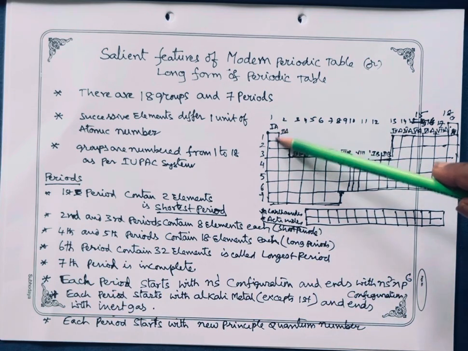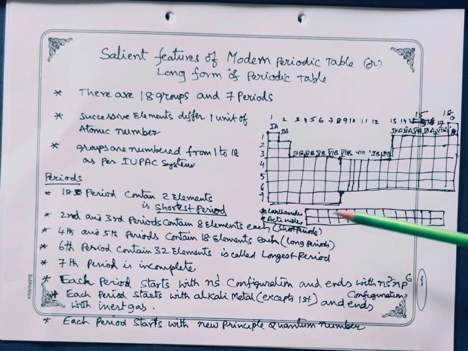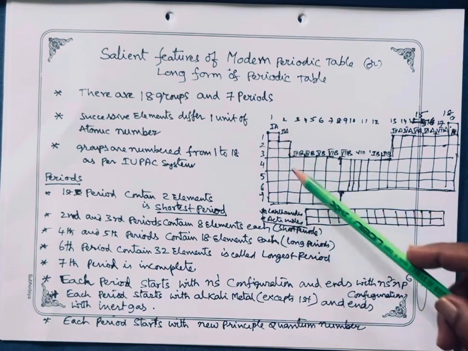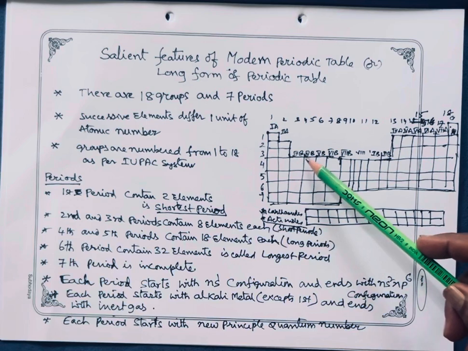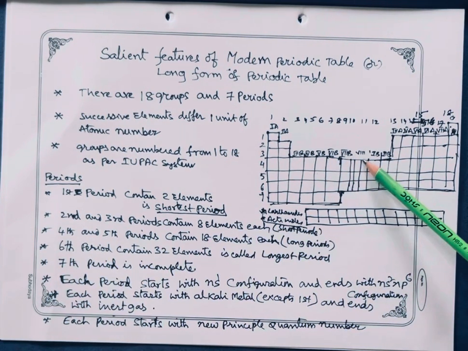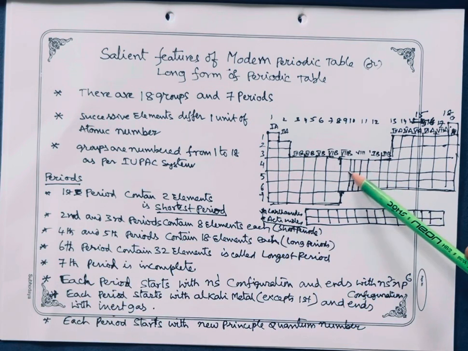How many groups are there? 18 groups are there. How are they arranged? The groups and subgroups of the Mendeleev periodic table: in this table, first A, second A, next comes third B, fourth B, fifth B, sixth B, seventh B, and eighth, 3 groups. These elements are iron, cobalt, nickel, ruthenium, rhodium, palladium, osmium, iridium, platinum.